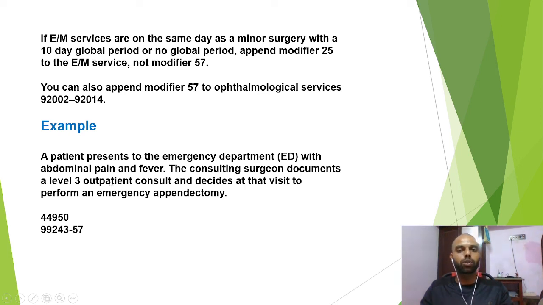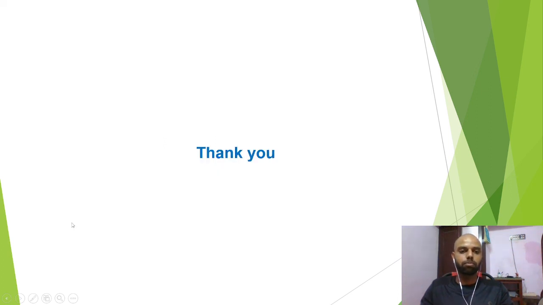The provider does an E&M service and makes a decision that he needs an appendectomy as soon as possible. So in this case, we can bill E&M service 99223 with modifier 57, decision for surgery, along with the surgical procedure 44950.